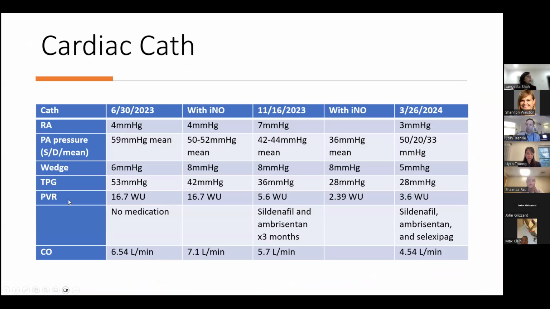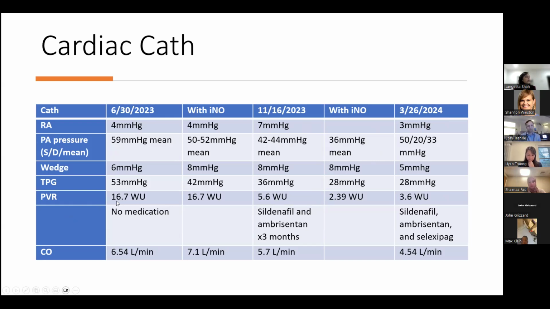Basically, I want you to pay attention to the PVR and to the PA pressures. What you'll see, and this is June, and this is March of 2024, is her PA pressures are basically in the 50s. We dropped them as low as in the 40s. Right before surgery, her systolics were in the 50s.